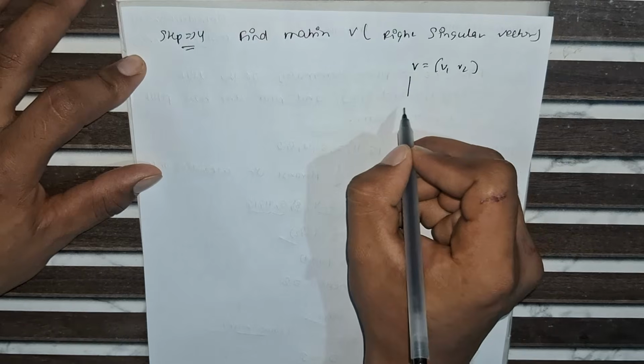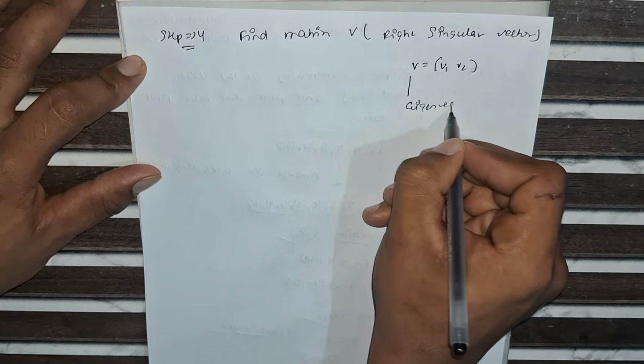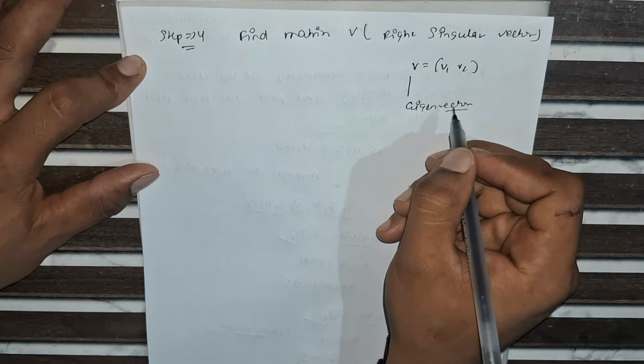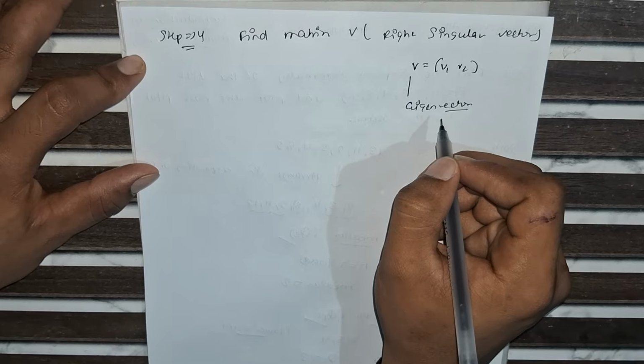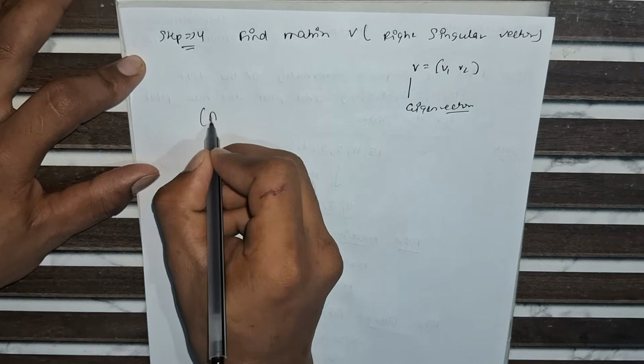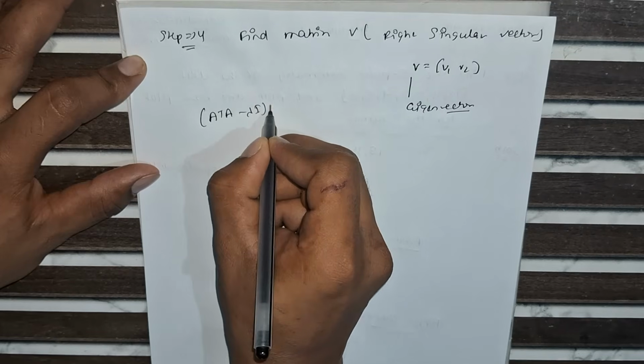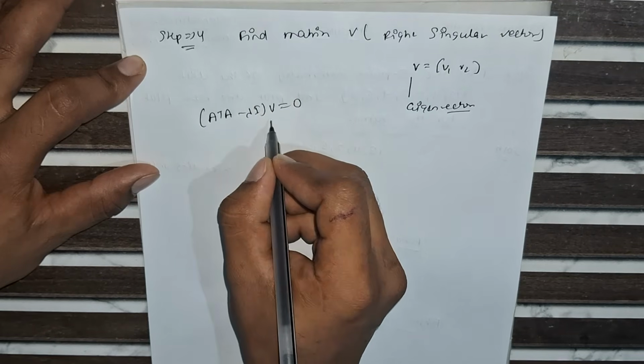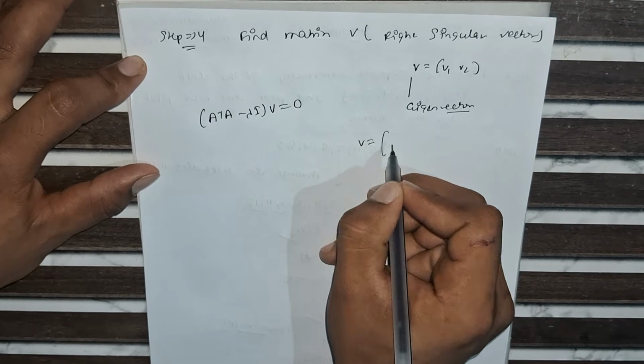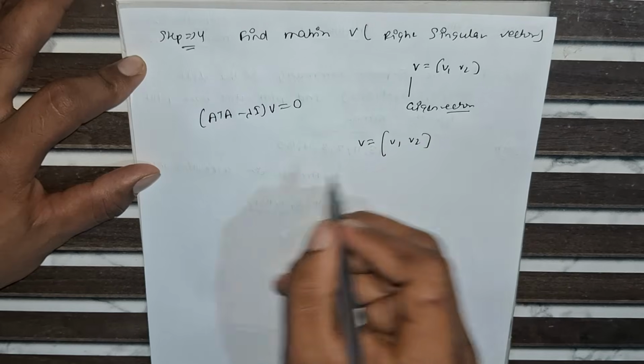This is nothing but the eigenvector. So for finding the eigenvector, we need to solve this equation: (A transpose A minus lambda I) V equals to 0. So V is nothing but our eigenvector, which is V1 and V2.